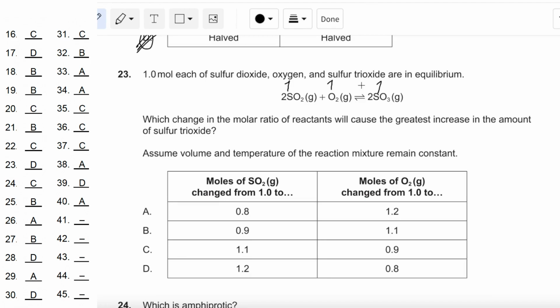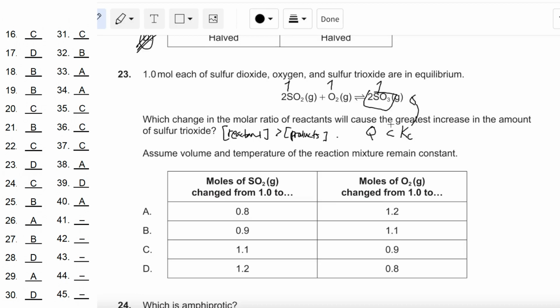This question is a bit tricky because you need to check which one will give the greatest amount of sulfur trioxide, the product. For the reaction to be favored forward, as you want the highest amount of sulfur trioxide, Q should be smaller than Kc.